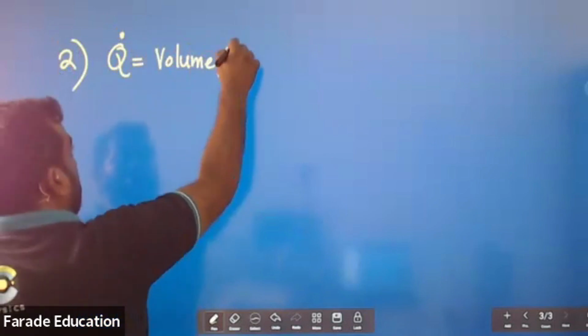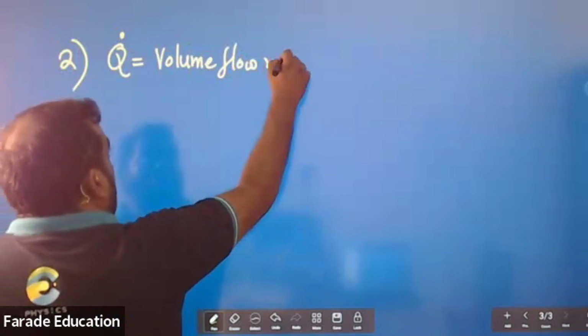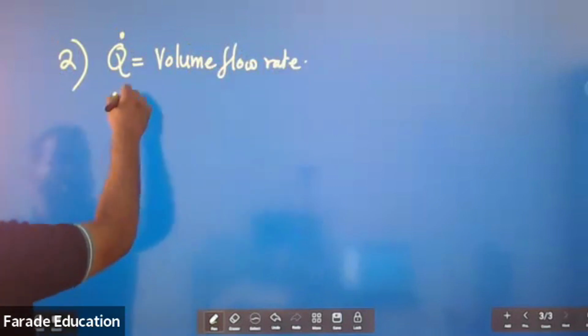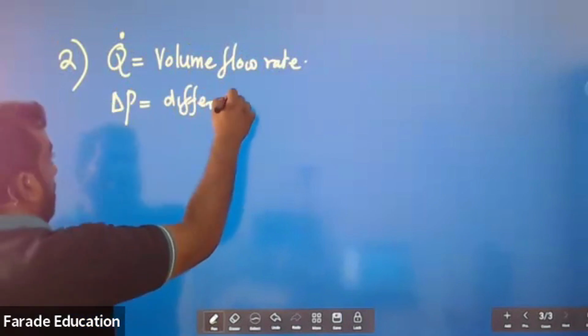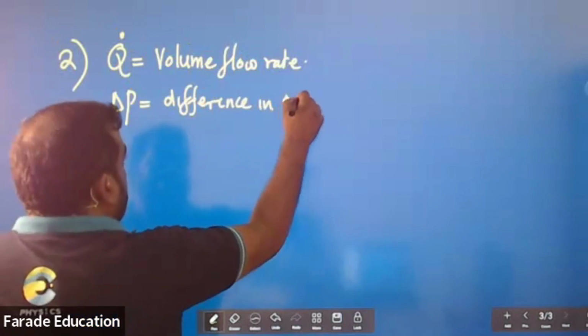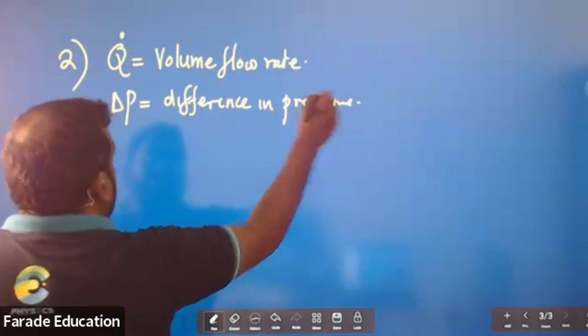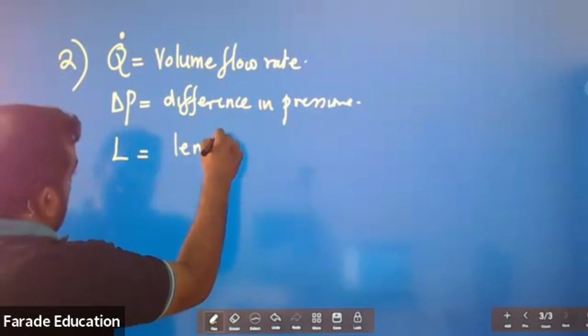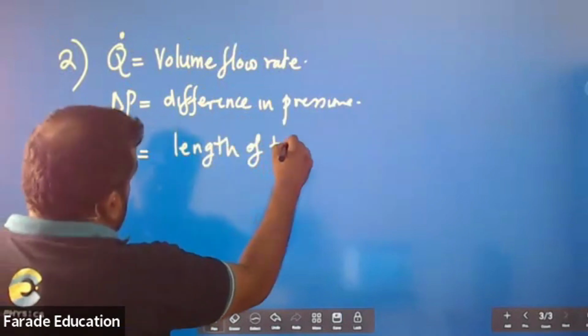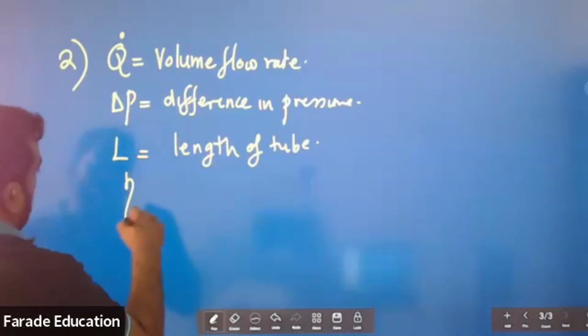Delta P, difference in pressure. L, length of tube.